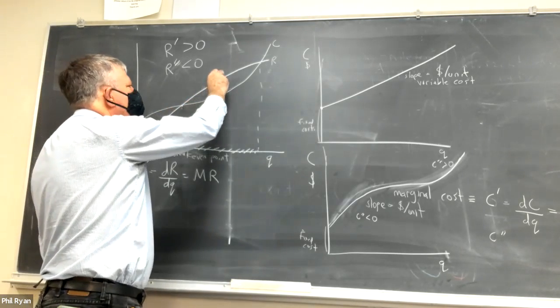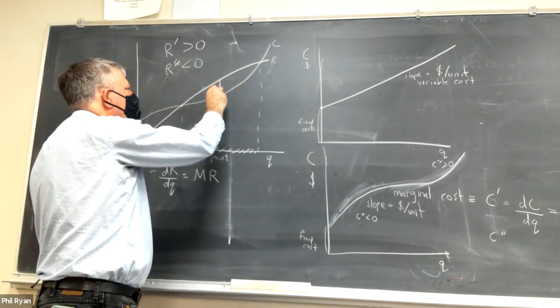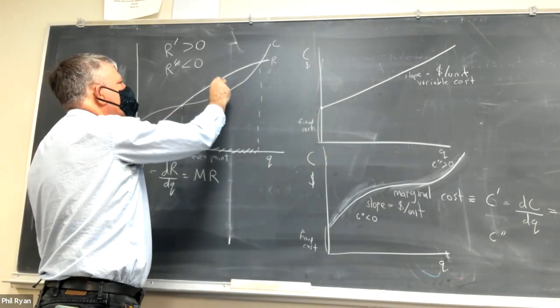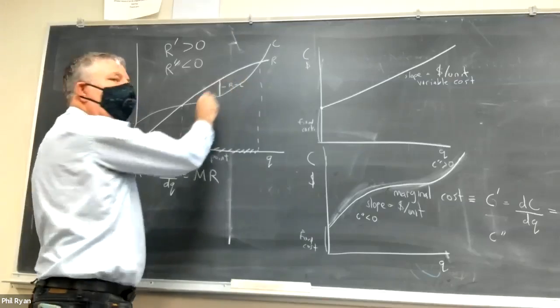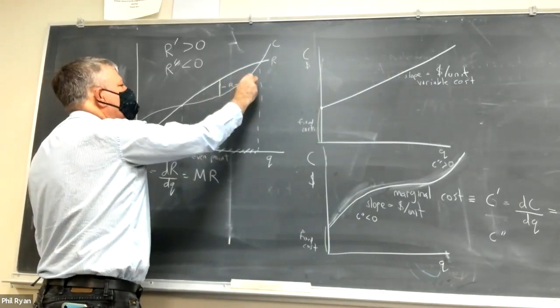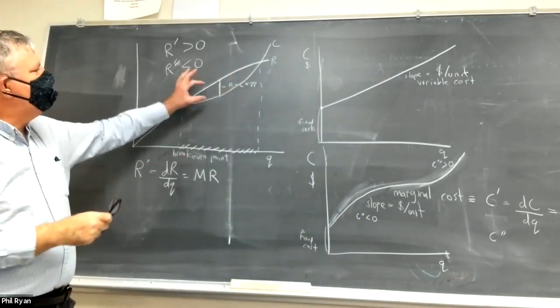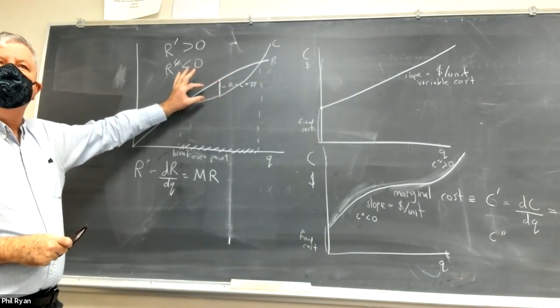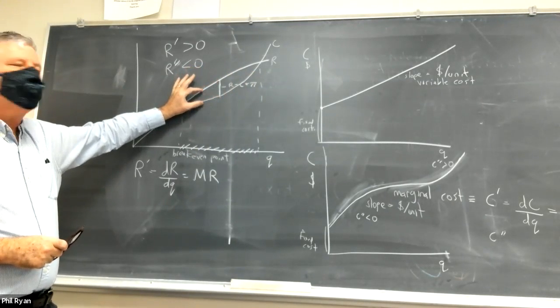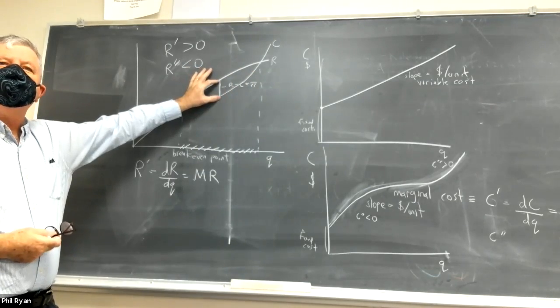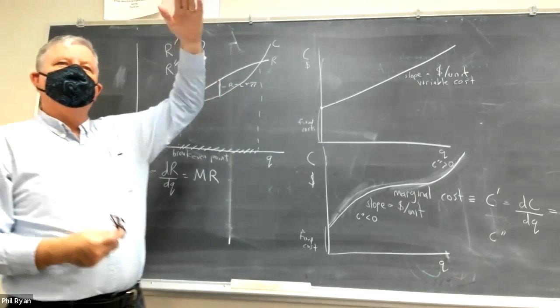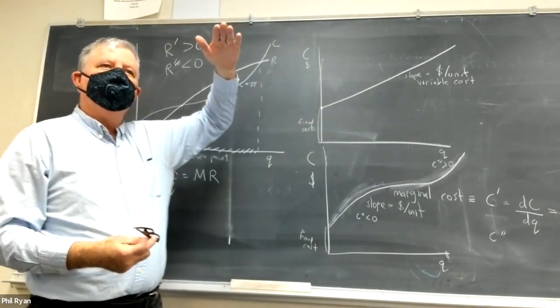But here, getting closer to it, this distance here is revenue minus cost. That is profit. So the distance between the two is the profit. So you want that to be the greatest. You want the R to be well above the C. That's when you're making a good profit.